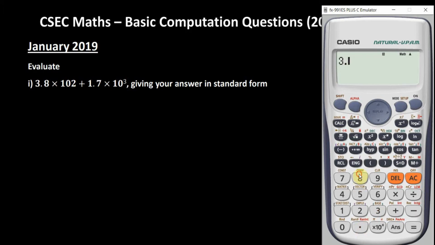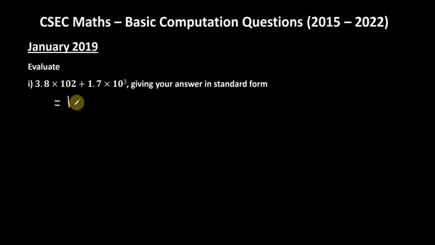So it's 3.8 times 10^2, plus 1.7 times 10 cubed. Alright, can go ahead and press our equal sign. And here we have 1487.6. So 1487.6, and they want us to write this in standard form.